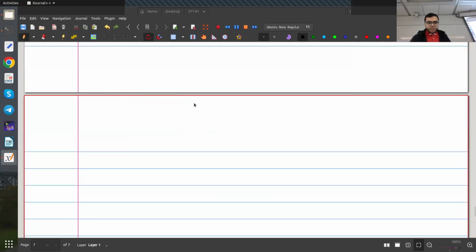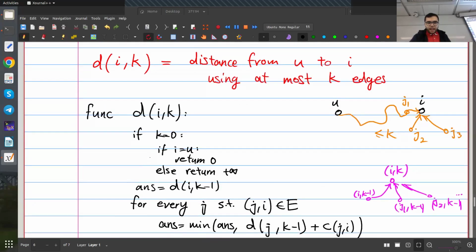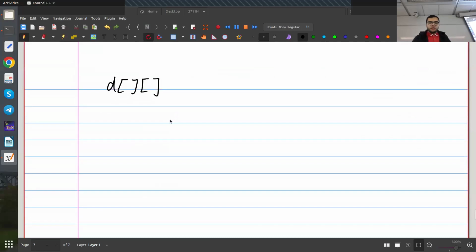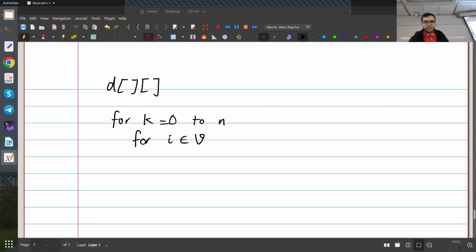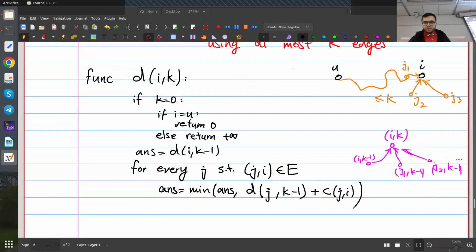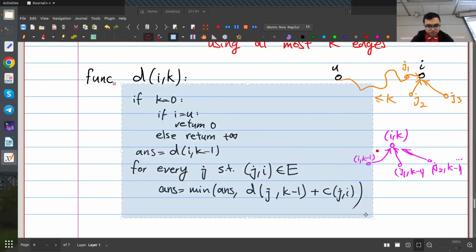And in the DP version, I will have this array D, instead of a function. And then I just do this. But now I know that I have to do it in the order of increasing k. So I say for every k from 0 to n, and for every vertex i in my vertex set, just again do the same thing as here. So I'm going to copy this algorithm.